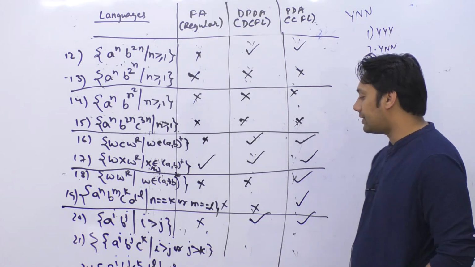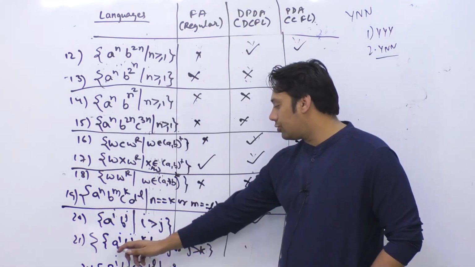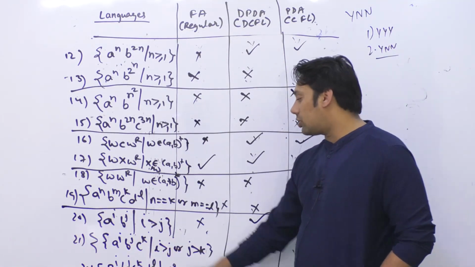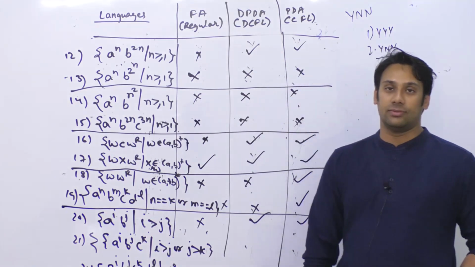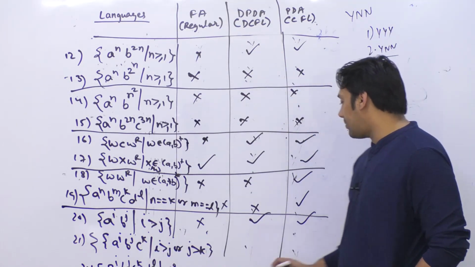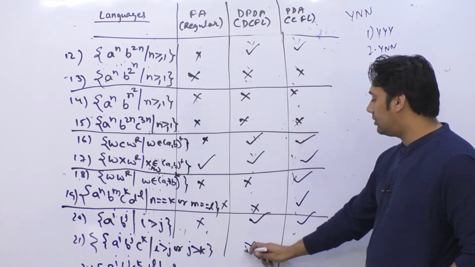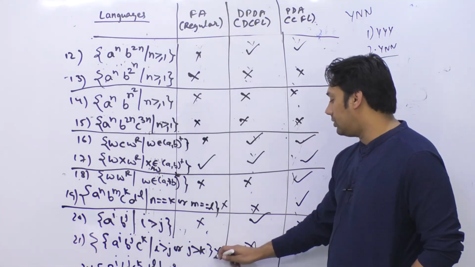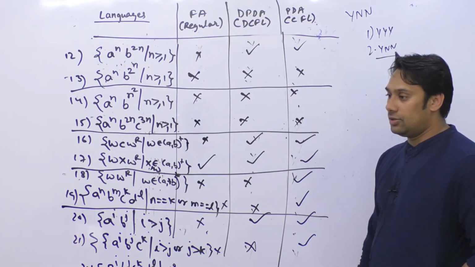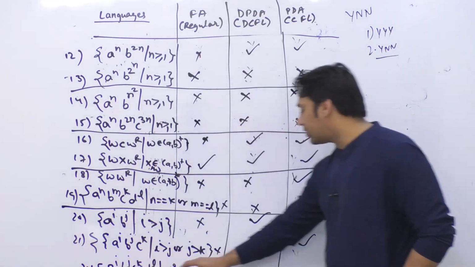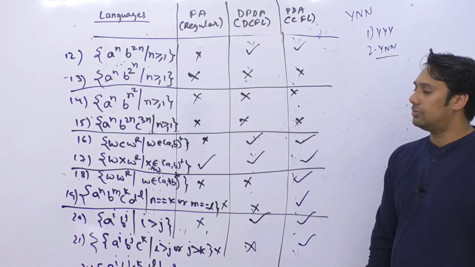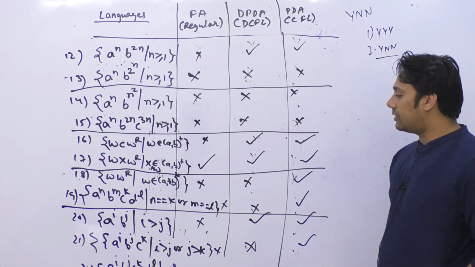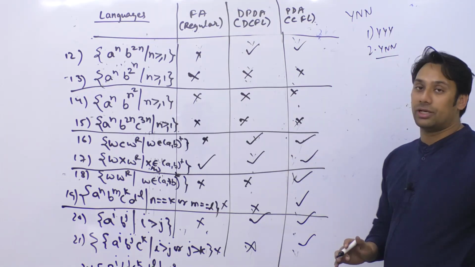For the 21st case, it is either a greater than b or b greater than c. Here you can make an NPDA, but you cannot make a DPDA or a finite automata. But leave the 22nd because it is not visible in the video. So you can note it down till the 21st.